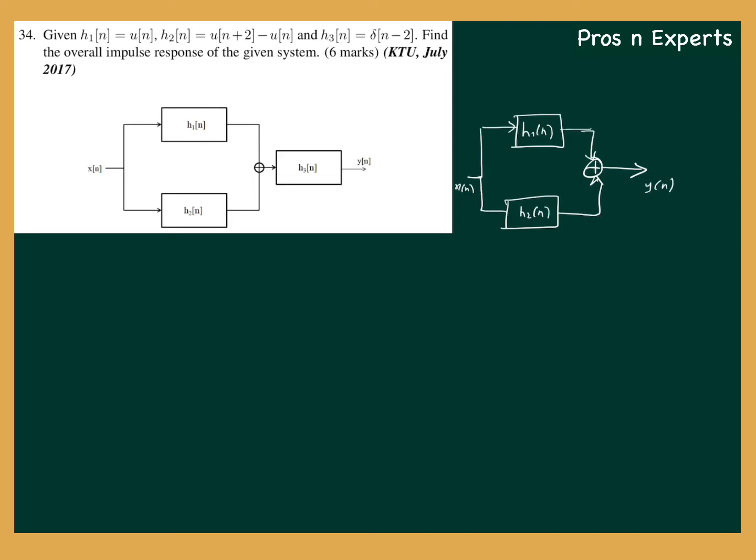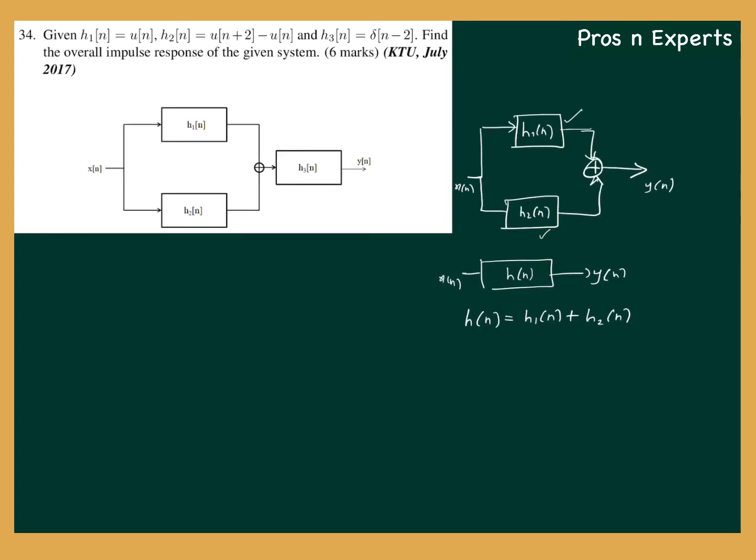If two systems with impulse response h1 of n and h2 of n are in parallel, then we can replace these two systems with an equivalent single system like this, single system h of n, where h of n is given by adding the individual impulse responses. h of n equal to h1 of n plus h2 of n.